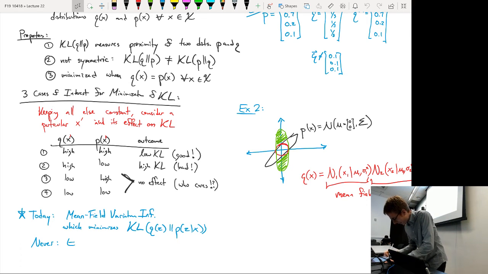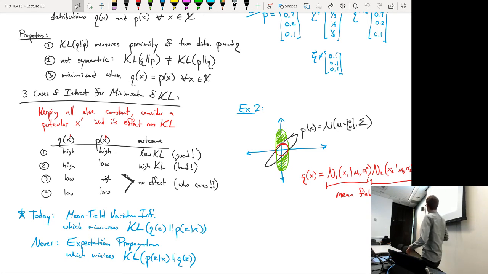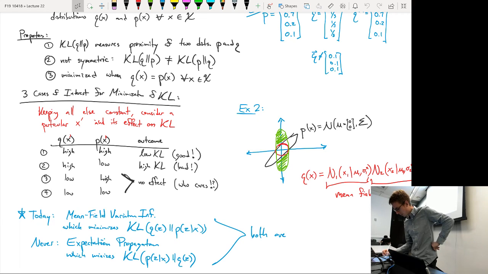We could talk about expectation propagation, which instead minimizes KL of P of z given x, Q of z. So it's not like that if I minimize one, the other one also gets minimized. They're completely different, not necessarily. And the last detail is that both are non-convex optimization problems.